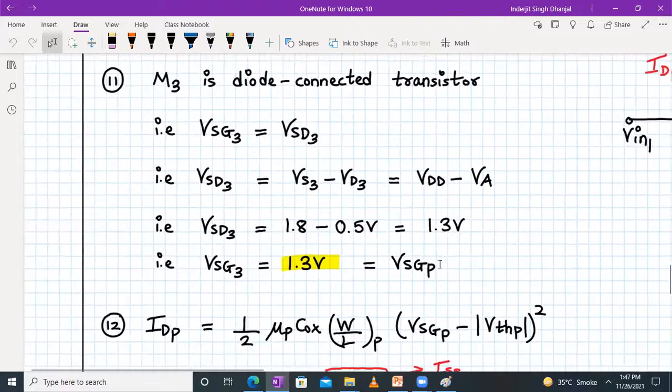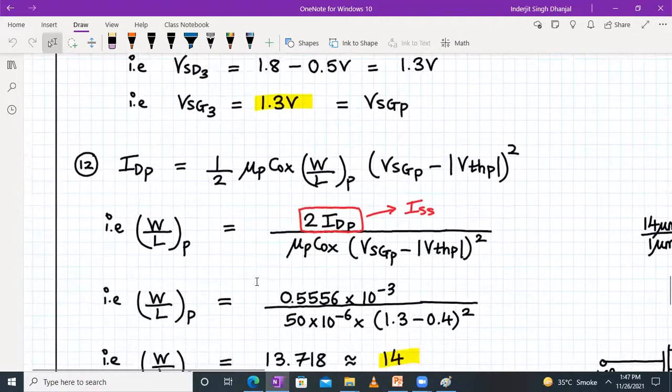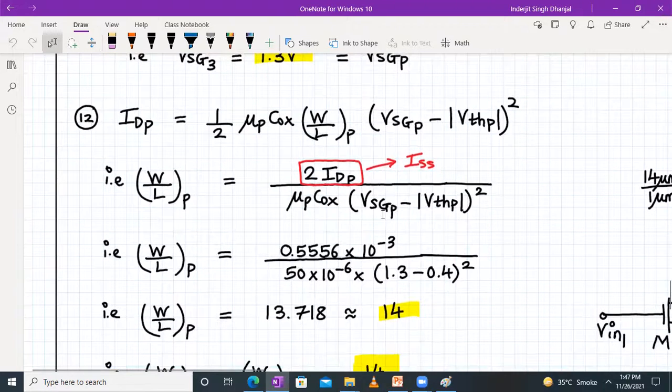Okay. Now the formula for the drain current for the PMOS transistor is given by IDP equal to half mu P Cox W by L of P into VSGP minus mod of VTP the whole square. So from here only W by L value is unknown, so we can take it on the left hand side. So W by L of P will be equal to twice IDP, which is same as ISS, divided by mu P Cox into VSGP minus mod of VTP the whole square. So ISS value is 0.5556 milli.